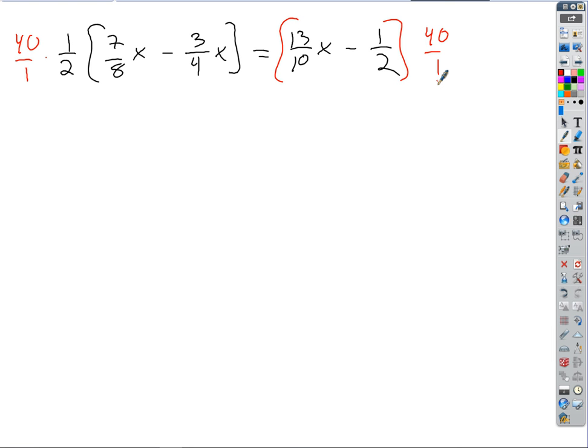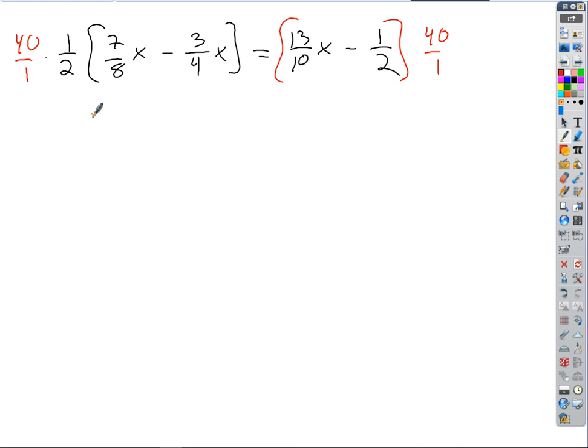I've got 40 times 1/2 times that whole big quantity, but because it's in grouping symbols, it counts as one thing, right? That makes sense? So there's 3 factors. When I multiply things, I multiply 2 at a time. So on the left side, what am I going to do first?